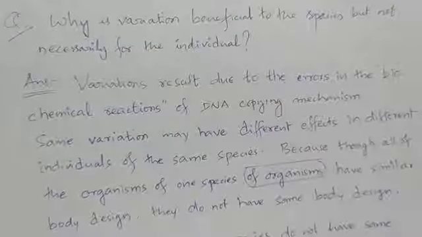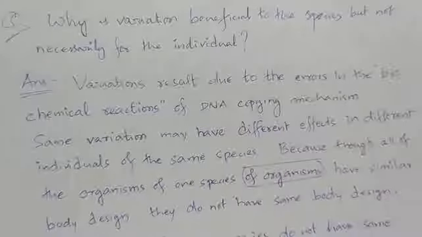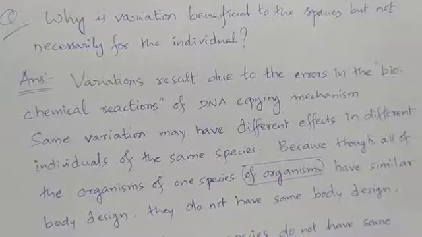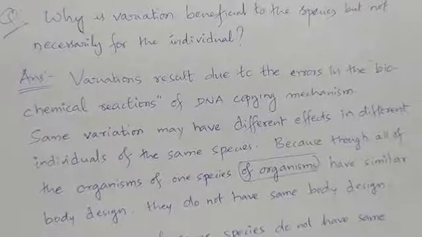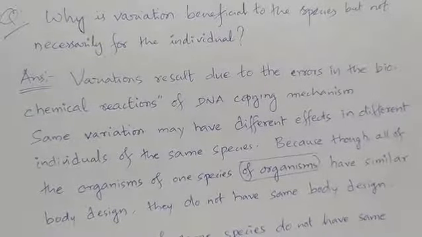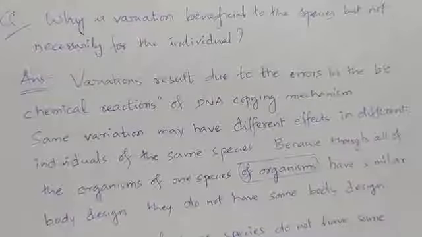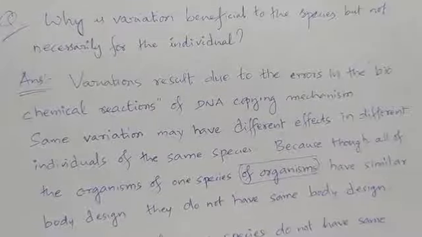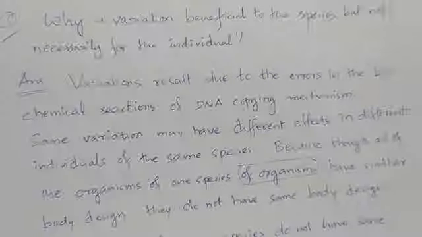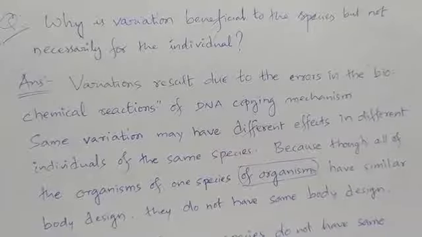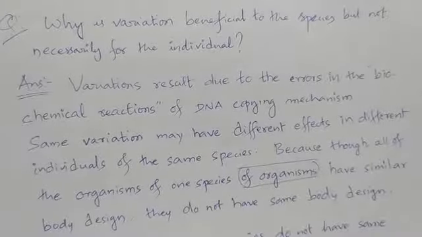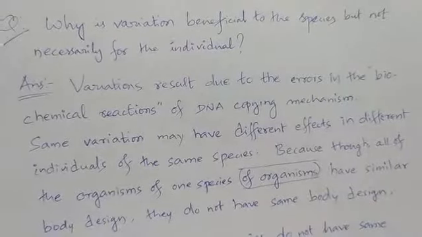Why is variation beneficial to the species but not necessarily for the individual? Just now we have discussed that variations are formed by errors in the biochemical reactions of the DNA copying mechanism. And these variations are beneficial to the species especially, but not necessarily to the individual. How can you say?